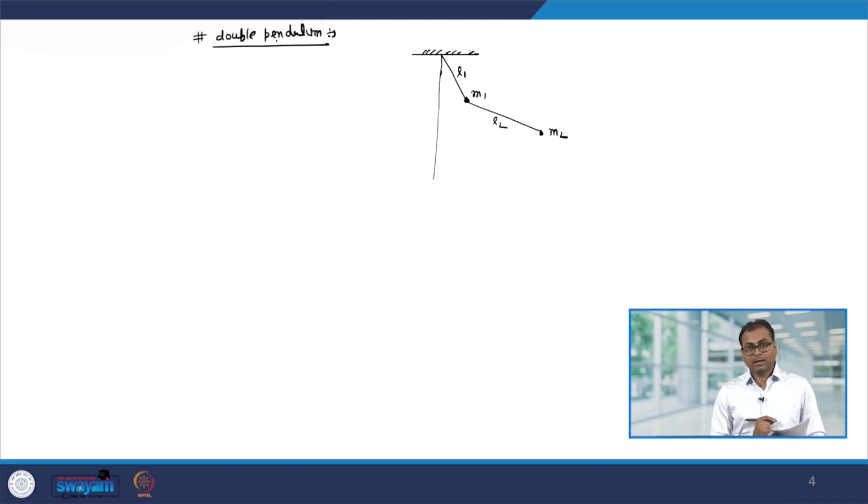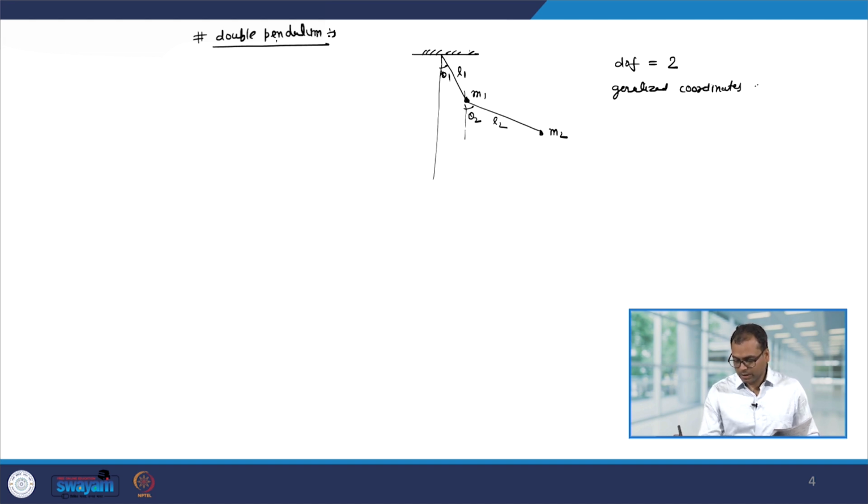Now, to define this system or the position of mass M1 and M2, I need theta 1 and I need theta 2. Therefore, its degree of freedom will be 2 and the generalized coordinate will be theta 1 and theta 2. So, my q1 and q2, which are generalized coordinates, in this case will be theta 1 and theta 2.